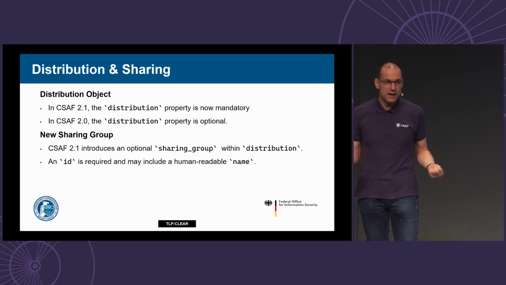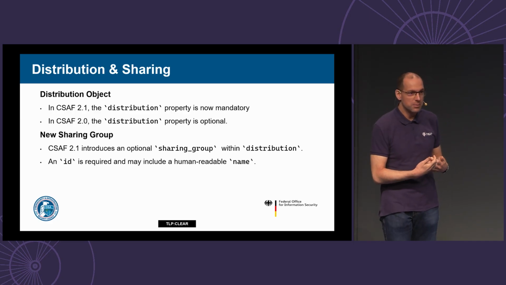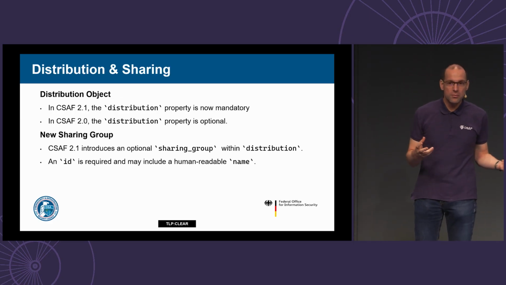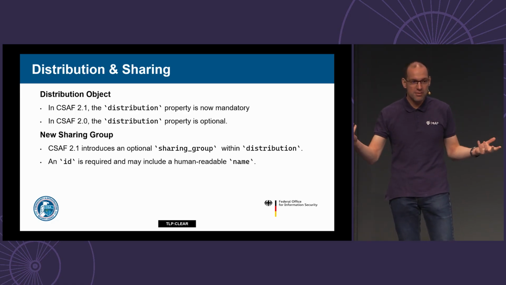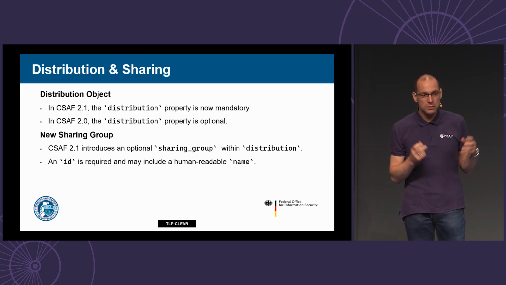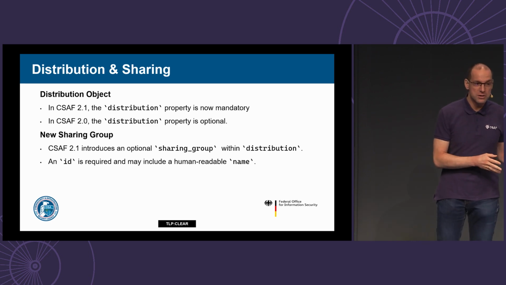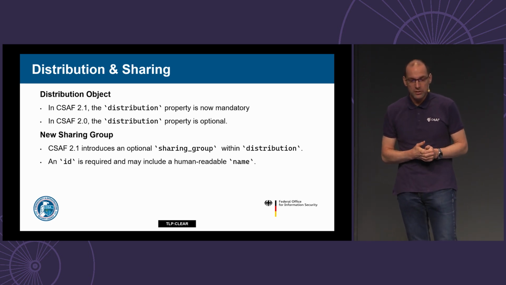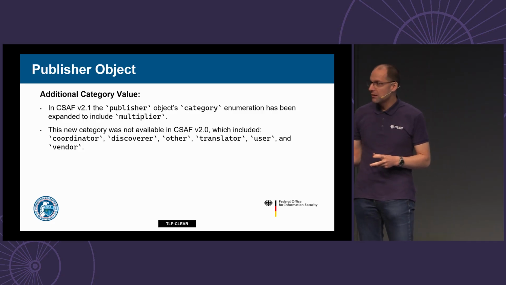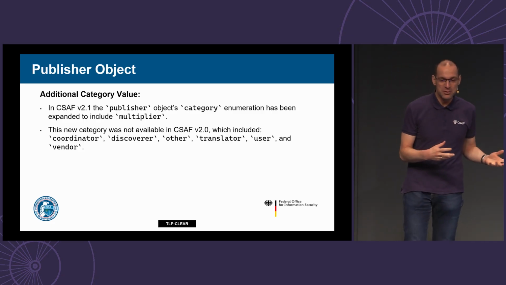Whenever you have a document that doesn't have a TLP inside the document, then it's kind of weird. Where does that thing come from? How can I share it? And so we said we need to resolve that unclarity, so it becomes a mandatory property. We also added a new property that is the sharing group.